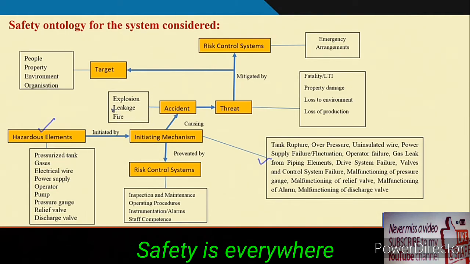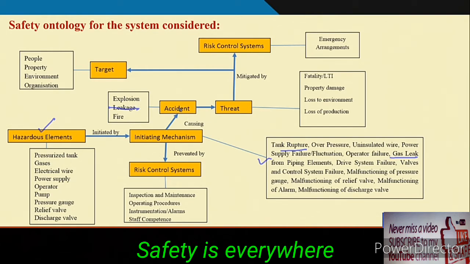We may not consider leakage, as leakage may lead to fire and explosion. So, leakage we have written here, gas leak. Okay. So, let explosion and fire for the time being. Also, sometimes you may say tank rupture is the accident. So, that we are considering under explosion.